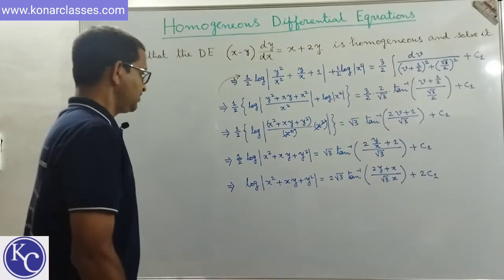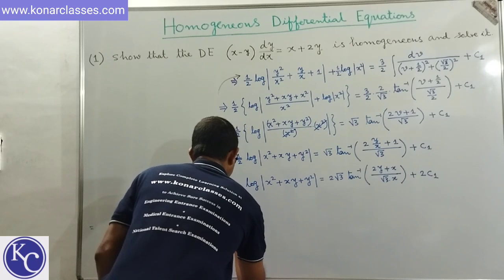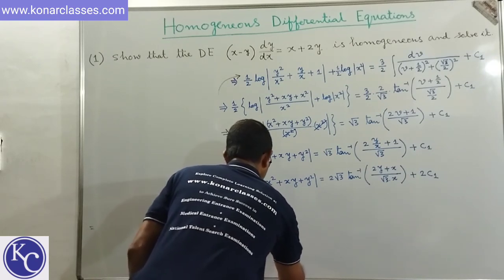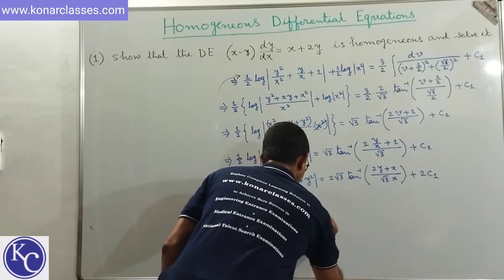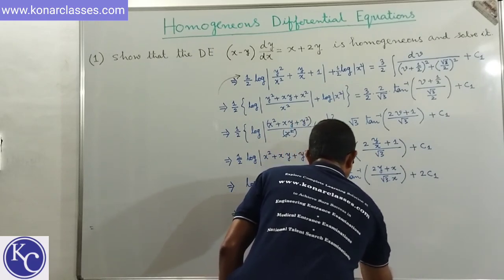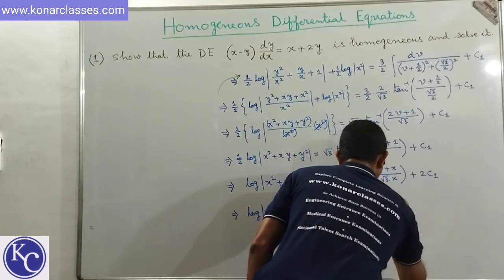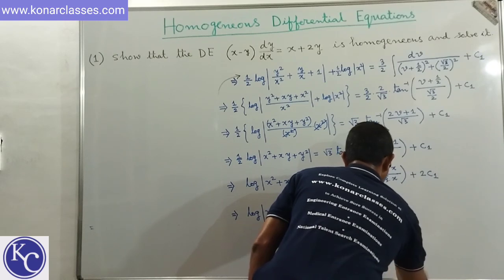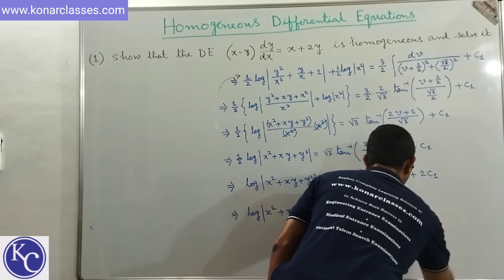Correct? So finally what we can write is that this implies log of mod x square plus xy plus y square minus 2 into root 3 into tan inverse of x plus 2y divided by root 3 into x, that is equal to 2c1.